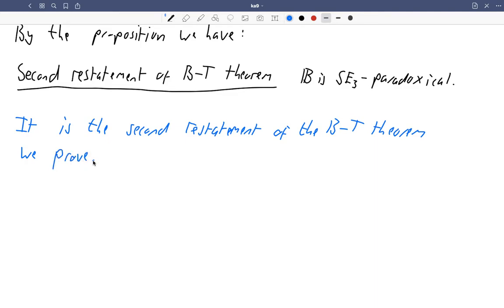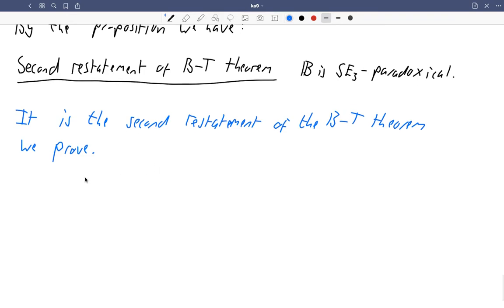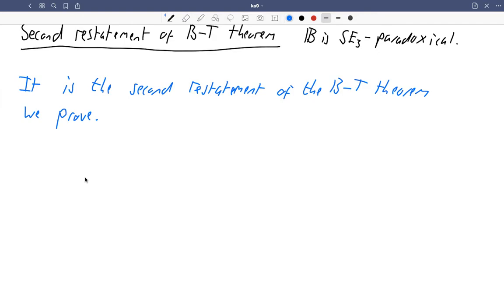And we're going to do this in a sequence of steps by working our way towards proving that various sets under various groups are paradoxical, and eventually working our way towards the closed ball.